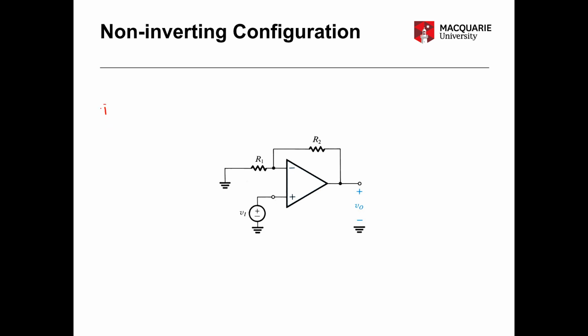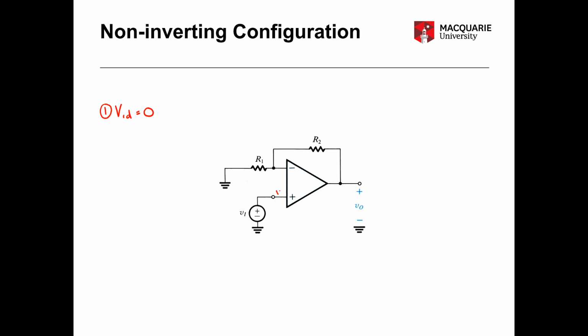So step 1, here we're going to recognize that the difference in voltage between our inverting and non-inverting inputs, let's call that VID, is equal to 0.